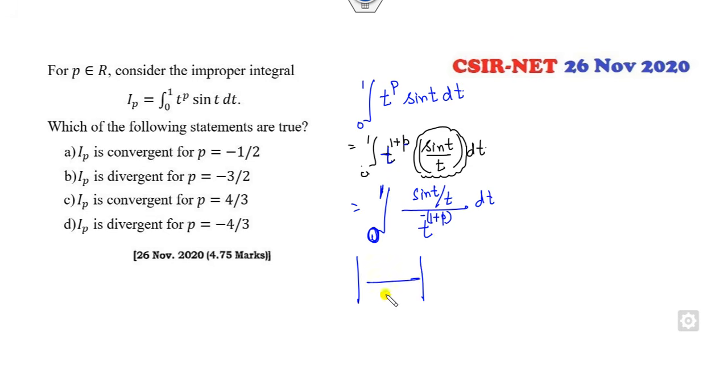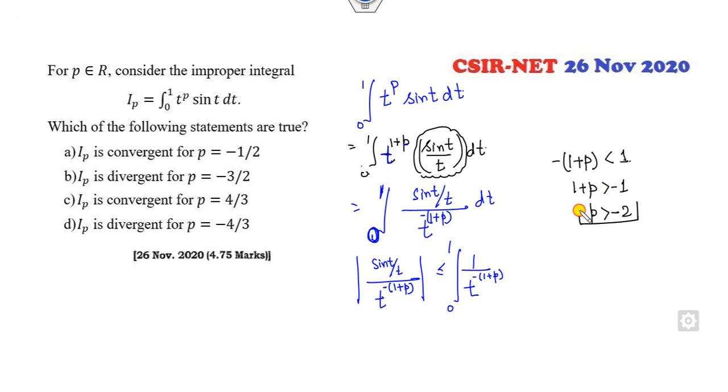Now I can check about absolute convergence. Sin t over t is a finite number, and it is less than 1 over t to the power 1 plus p minus 1, from 0 to 1. Now as I told you, by using the p test, this will be convergent when this number is less than 1, or 1 plus p should be greater than minus 1, so p should be greater than minus 2.